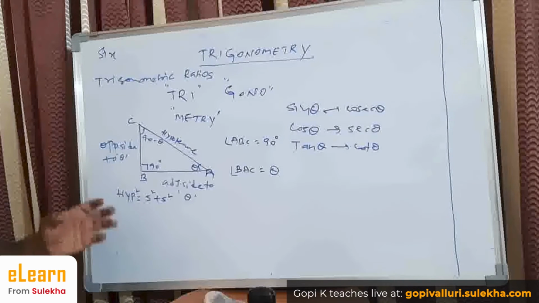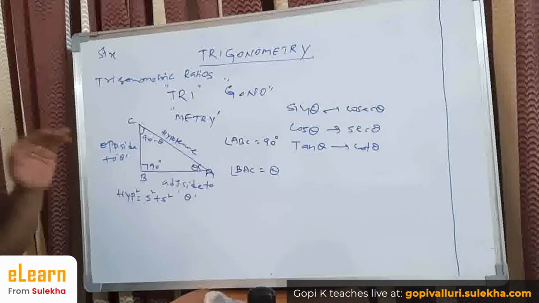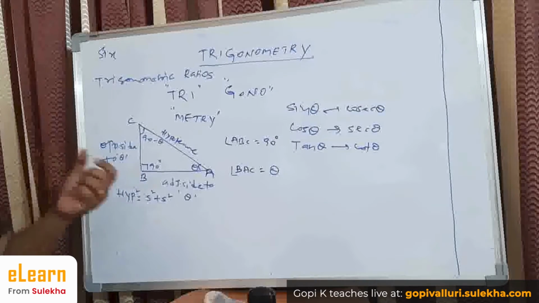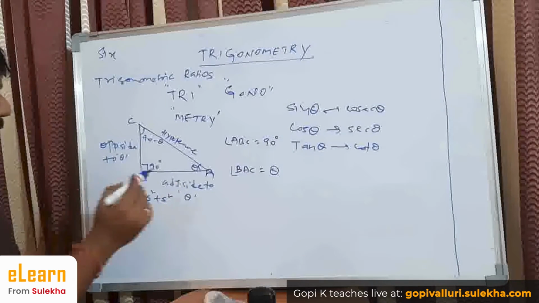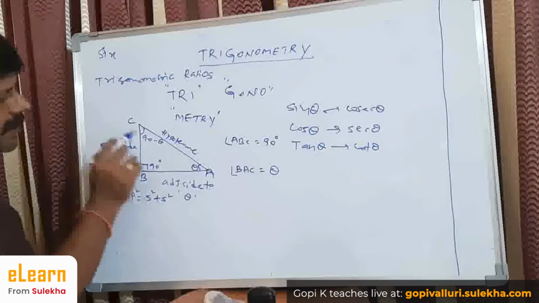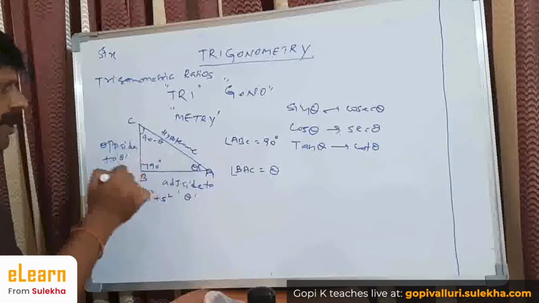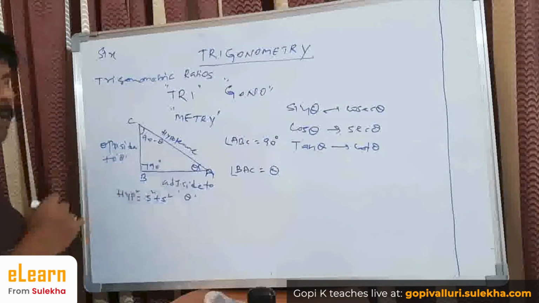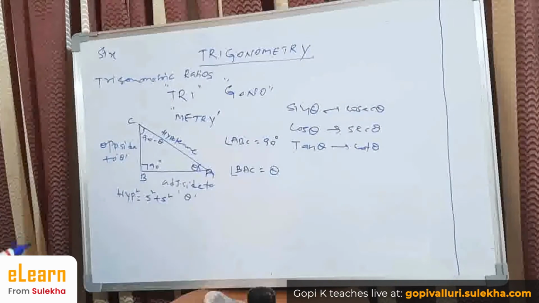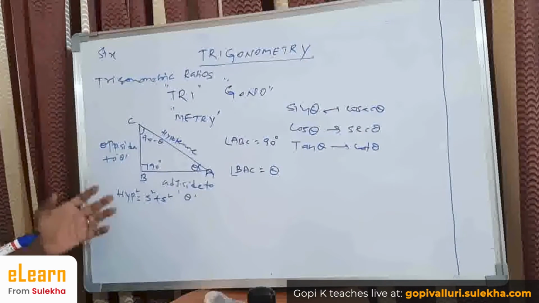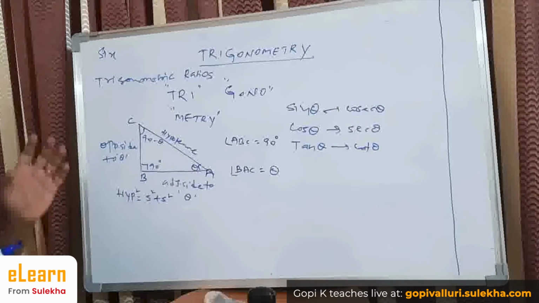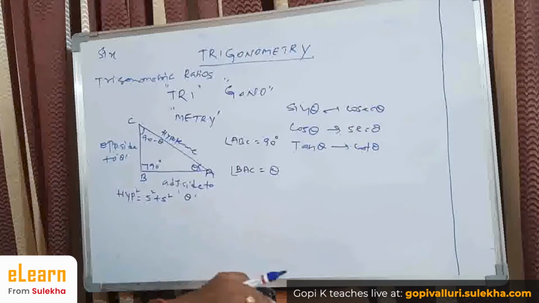BC is the side opposite to theta, AB is the side adjacent to theta, and this is the hypotenuse, opposite to 90 degrees or the longest side. They are adjacent, opposite, hypotenuse. Now I am going to define them one by one.